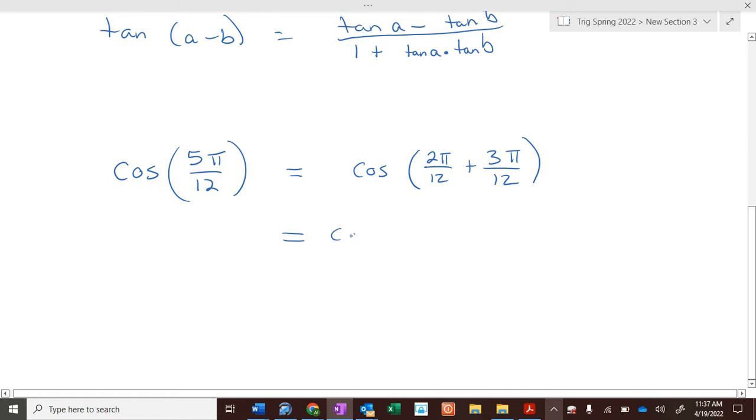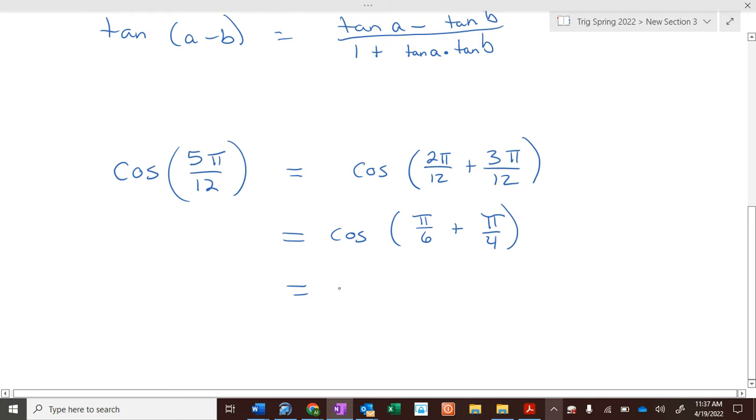What does 2 pi over 12 reduce down to? Pi over 6. What does 3 pi over 12 reduce down to? Pi over 4. Are those two functions on your unit circle? Yes.